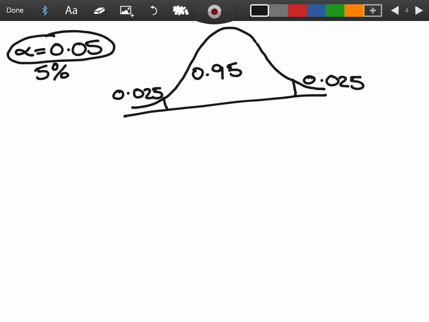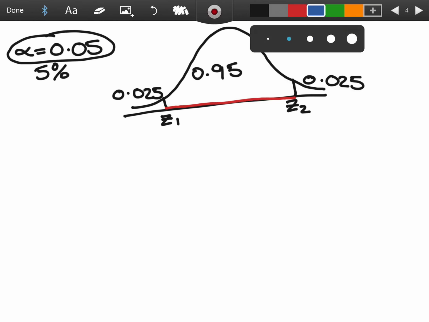So when you do this, what you need to do, in this case, you've got to find two values because this thing is two-tailed. So you need to find the z value here and the z value here. Any z-score that falls inside that range, so any z-score that falls between these two values, we're going to fail to reject our null hypothesis. We're going to accept what that null hypothesis says.